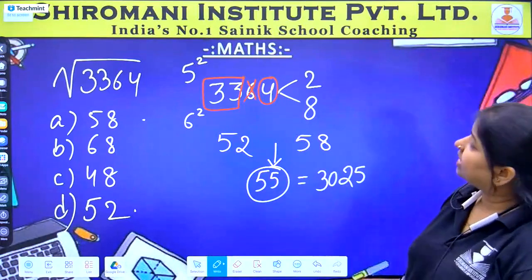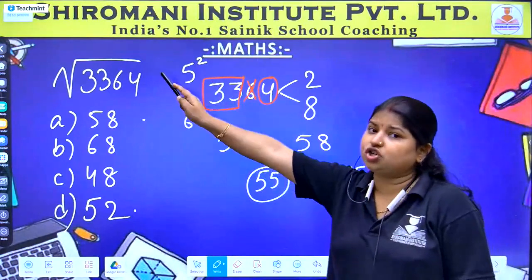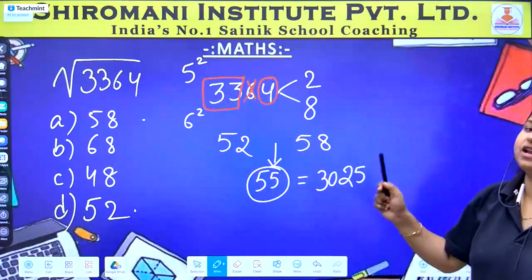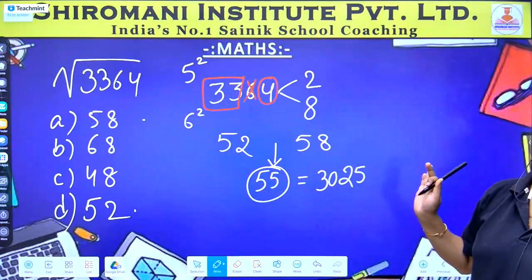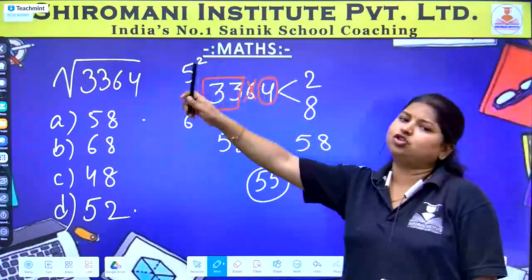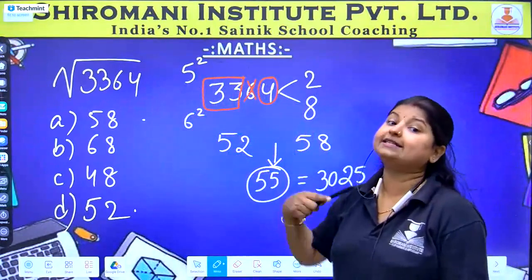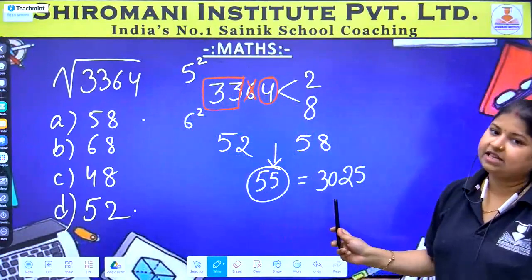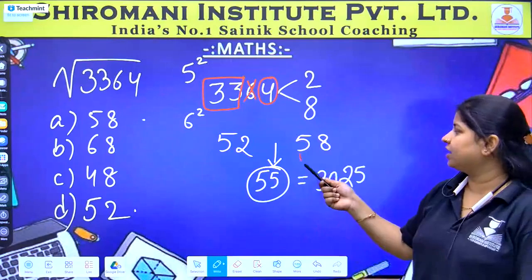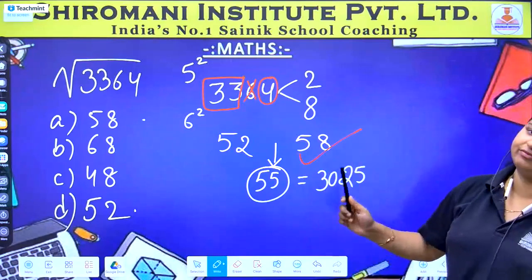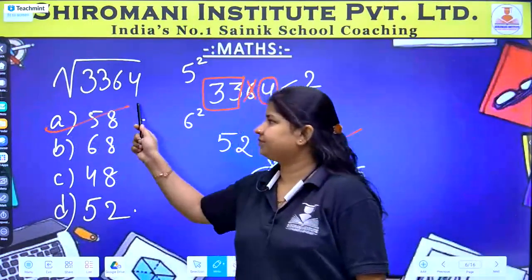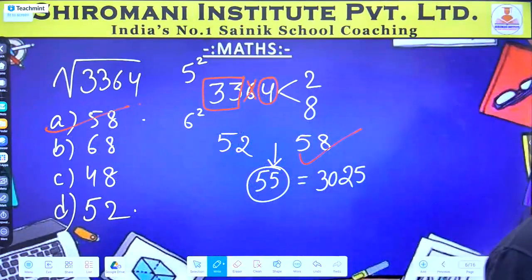Now check, is your question greater than or less than 3025? My question 3364 is greater than the result. So the greater one will be my answer, that is 58.